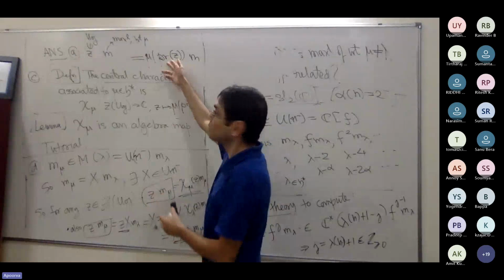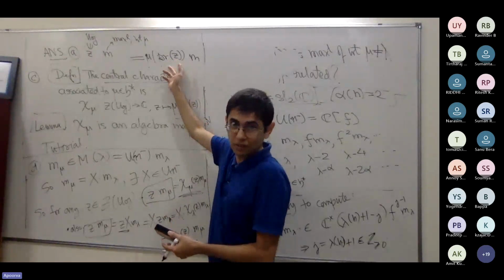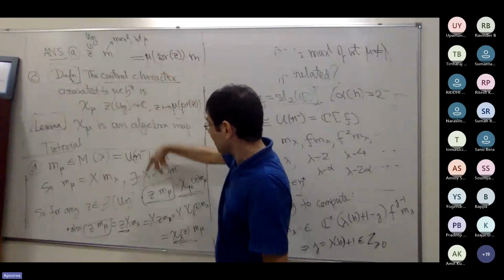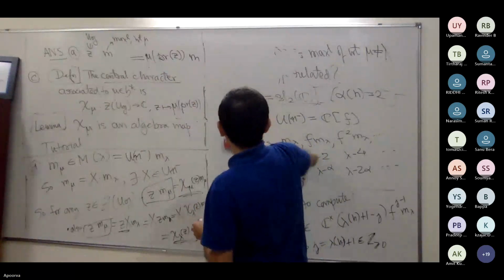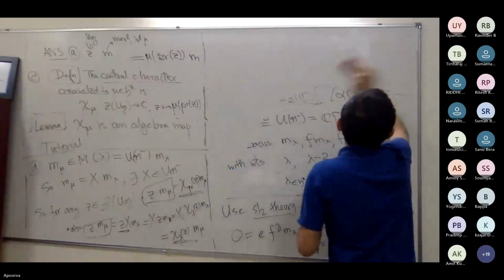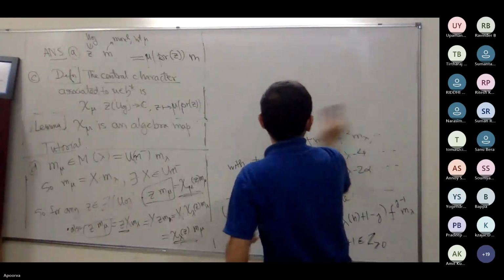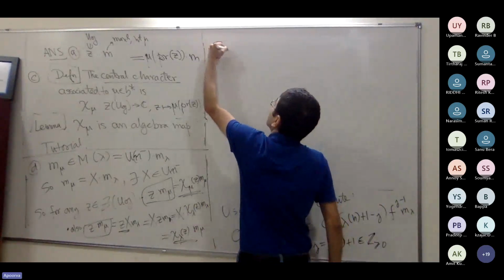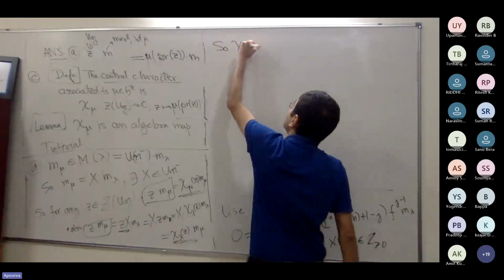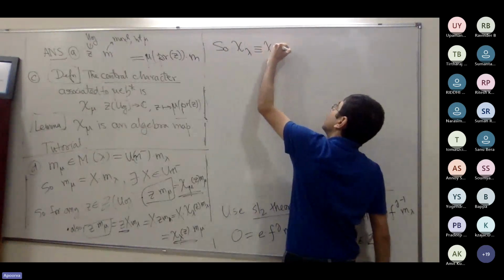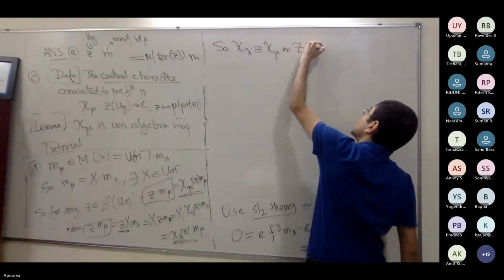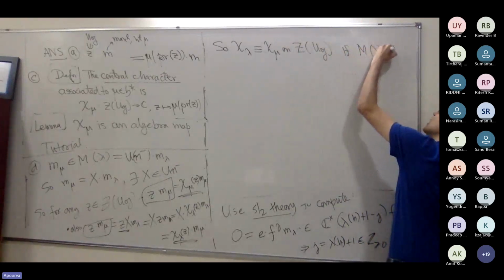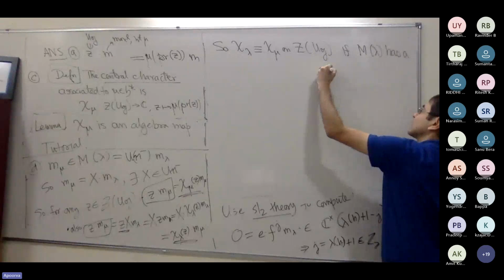The first ingredient in both of them was the same also, the projection to the symmetric algebra of H. Applying mu or lambda doesn't change it. They still remain the same. So chi lambda equals chi mu on Z if M lambda has a maximal vector.